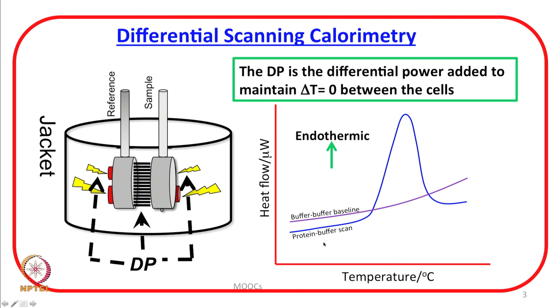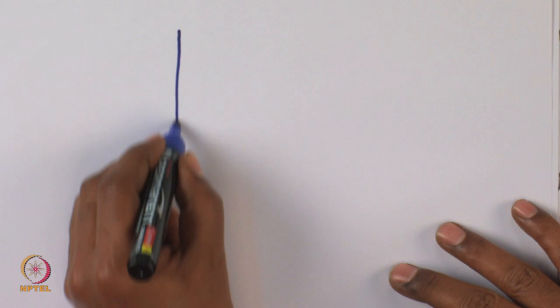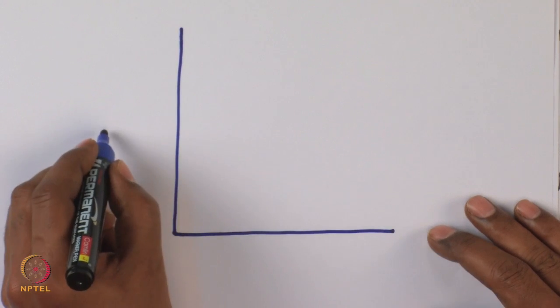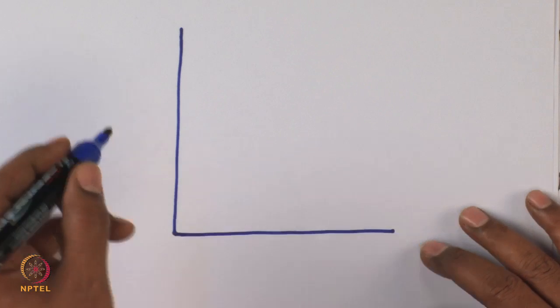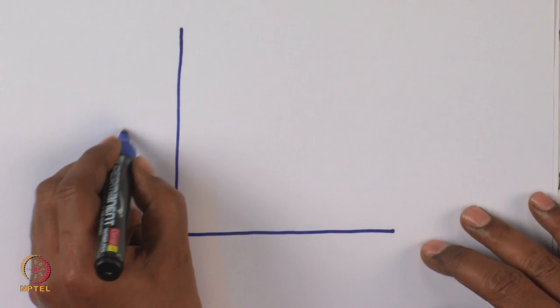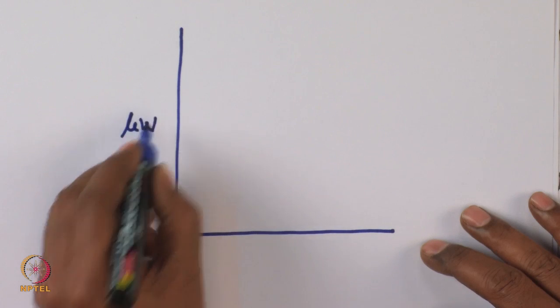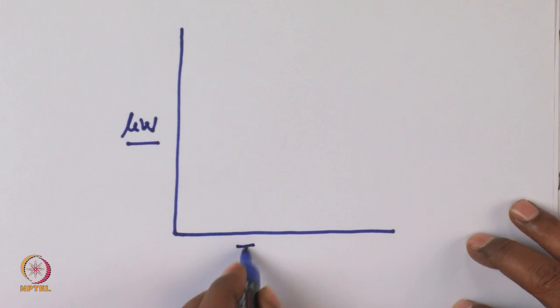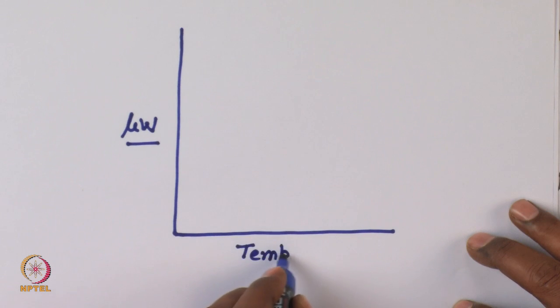Let me explain it over here. Here, let me write microwatts, that is the power, and here I have temperature. Let us say I put in degrees centigrade.